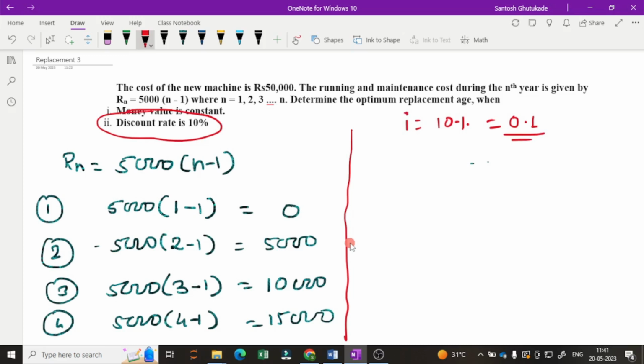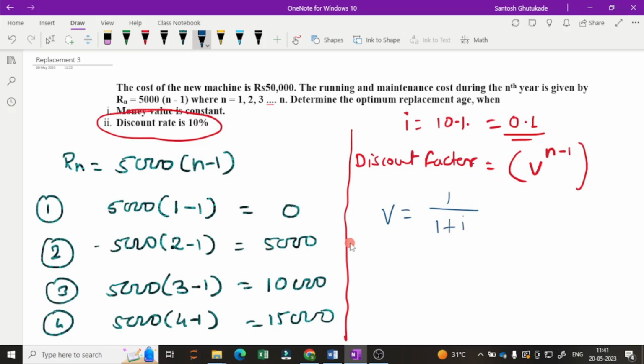For that we have to calculate the discount factor. For calculation of the discount factor, the relation is v raised to (n minus 1). What is the value of v? v is nothing but 1 upon (1 plus i), the discount factor. Here the i value is 0.1.